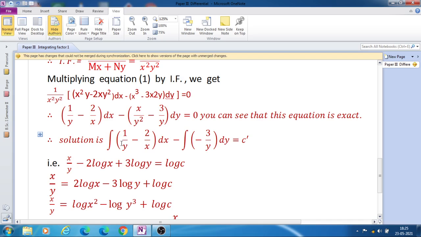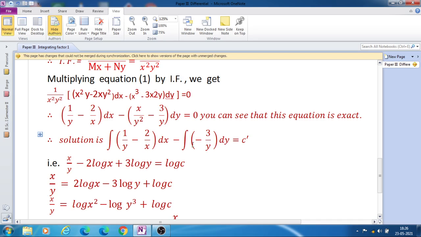So integrating with respect to x, here 1 upon y is now constant. Therefore, 1 upon y dx, its integration is x upon y. Minus 2 upon x dx, integration with respect to x, 2 is constant, and the integral of 1 upon x is log x. Therefore, minus 2 log x.